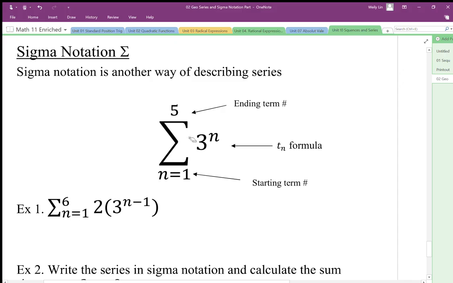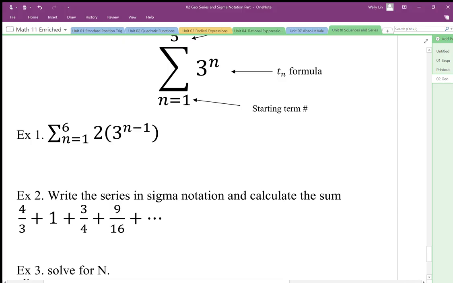This Tn formula can be arithmetic, it could be geometric. In this case it's geometric, but it can also be some other formula that generates some other pattern. So this sigma notation is used not just for arithmetic series and geometric series, but for any series. And this is very useful because we are going to end up using this quite a bit once we get into calculus.